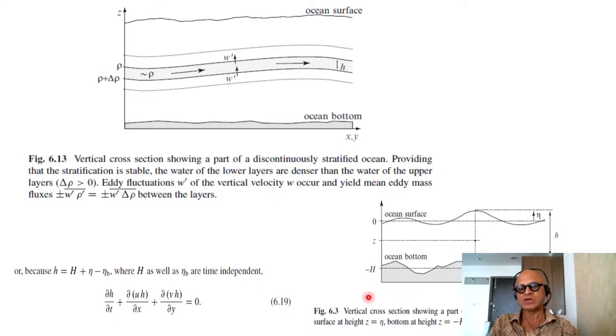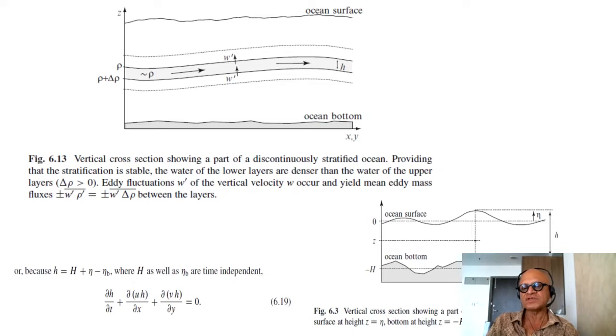This is a very general description, but just keep that in mind and bring back your memory about the shallow water solutions we derived by looking at a vertical cross section showing a part of the ocean. So we had average thickness H here from the surface elevation to the bottom, and that had surface elevation variations in x, y, and time.